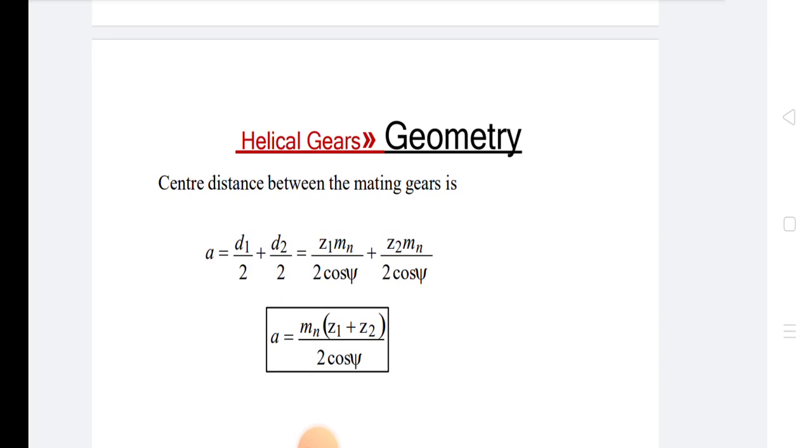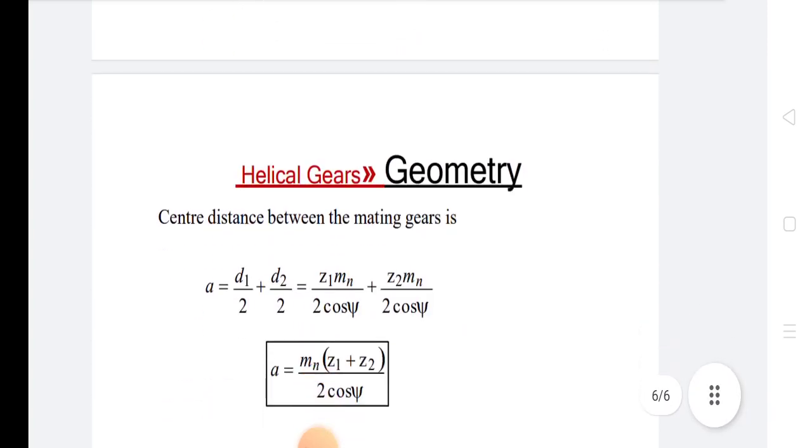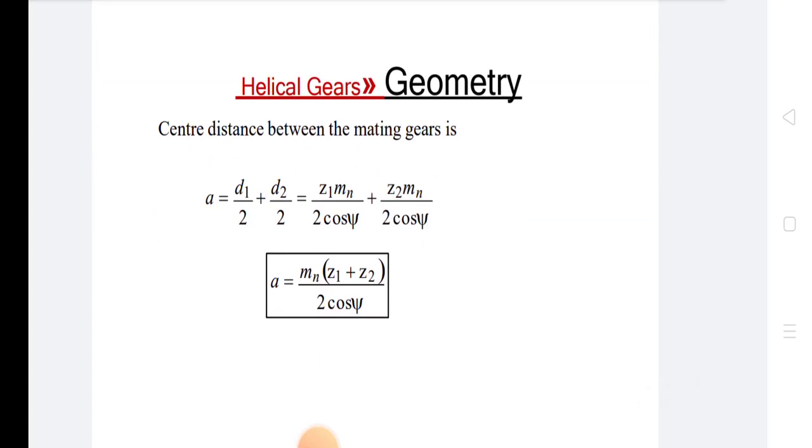So, A is equal to Mn into Z1 plus Z2 upon 2 cos psi. So, this is the helical gear geometry.